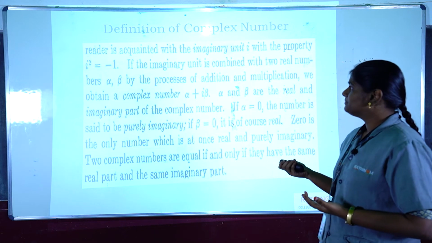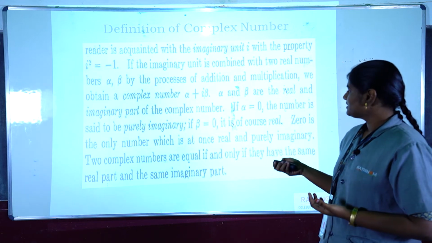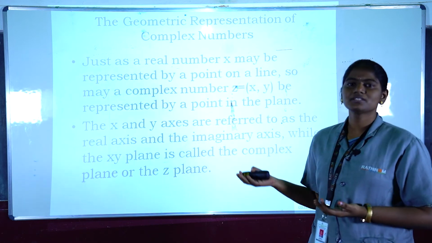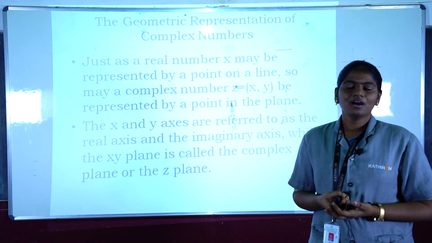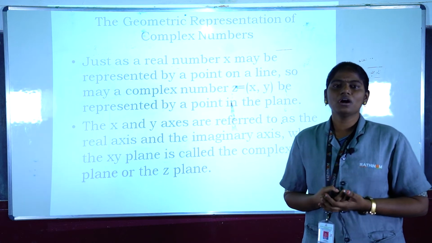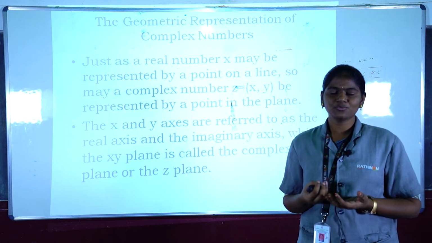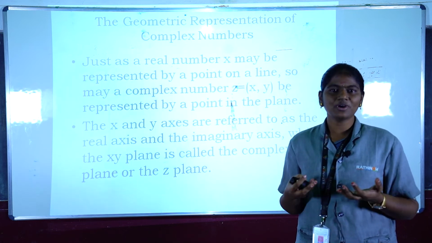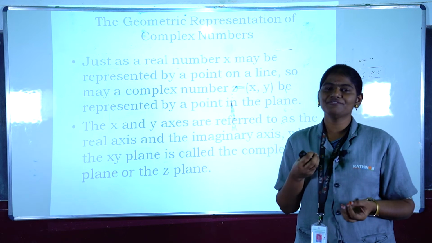Next one. In the previous slide we considered a complex number as an element of a field. So in complex analysis we can deal with this number in plenty of ways. First one is as an element in a field.